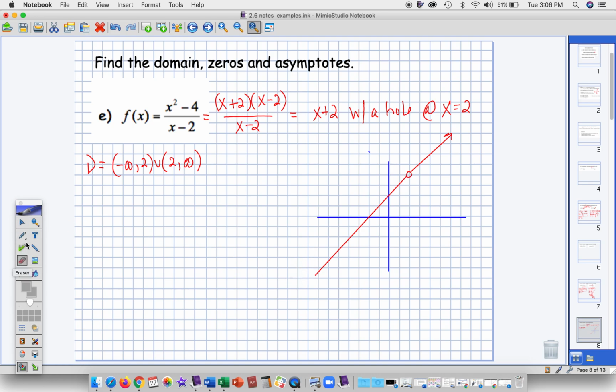Our only 0 is at x equals negative 2. And I have no asymptotes. So remember, always look for that common factor, because if you have a common factor, then you're going to have a hole in that graph at that x value.